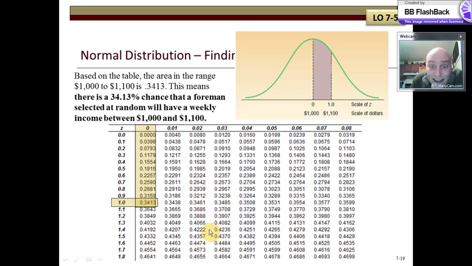All of these decimals inside the table indicate areas under the curve. The outside indicates the position. So we take the raw scores, we convert them to z-scores, and we use the z-scores to find the area.